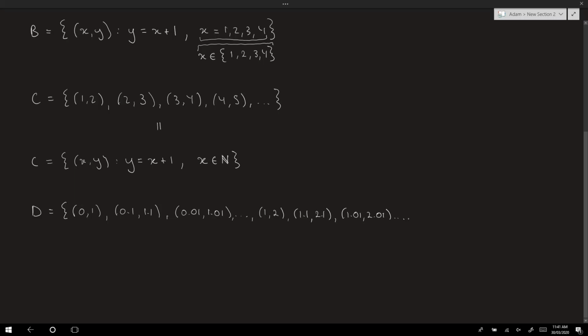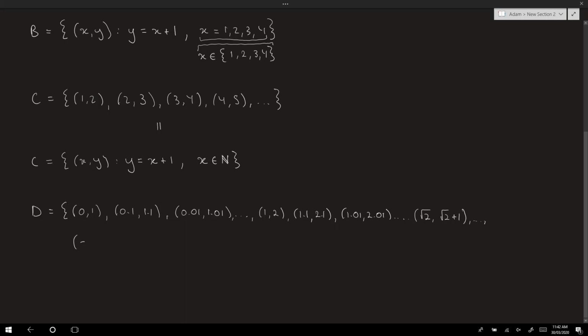And then I could throw some other types of coordinates in there. I could say something like square root of 2 and square root of 2 plus 1. That's a set of coordinates, right? And I could do a bunch of irrational numbers like that. I could also do negative numbers. Let's say I've got some negative x values in here.